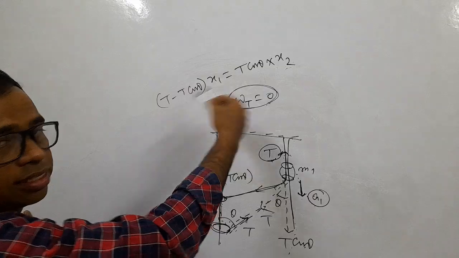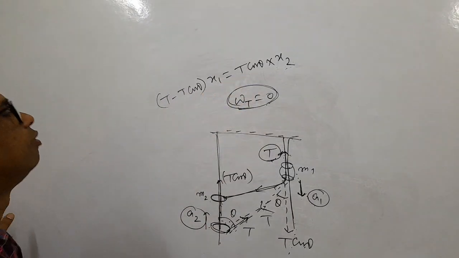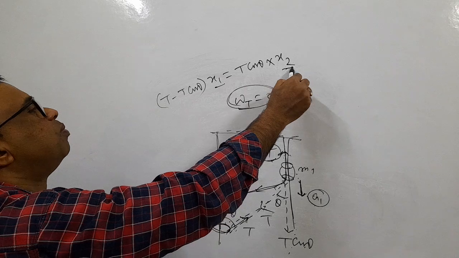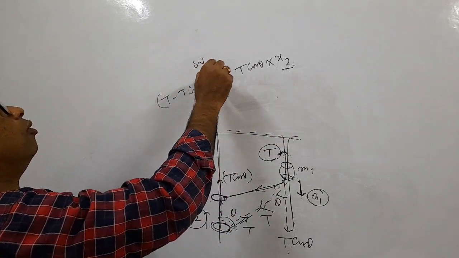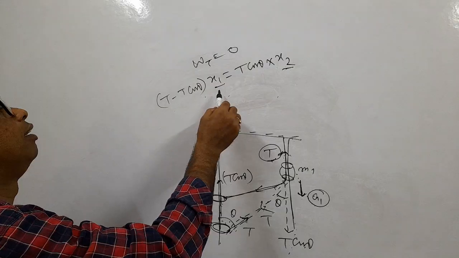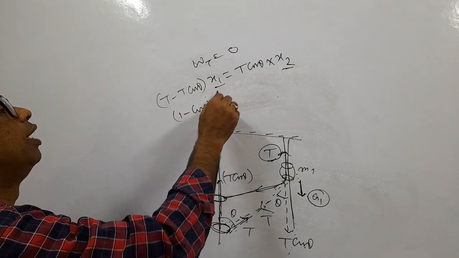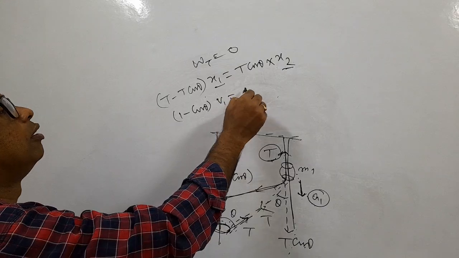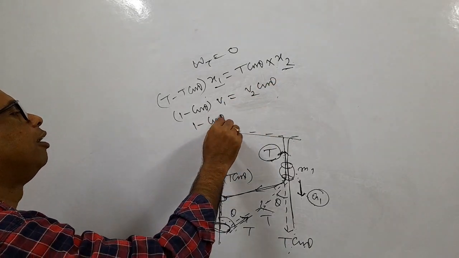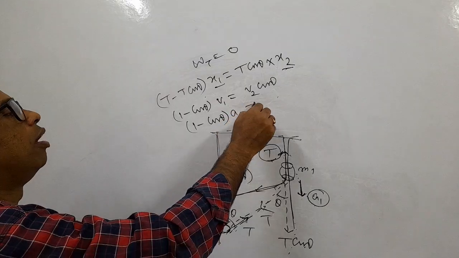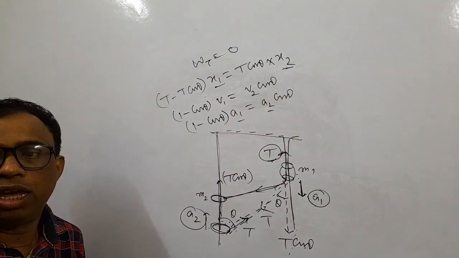I just change the side because one work is positive and one is negative. This is the work done by tension 0. Now (1 minus cos theta) into, differentiating, v1 equals v2 cos theta. For the third line, just apply a1 equals a2 cos theta. So that's the relation you get between A1 and A2.